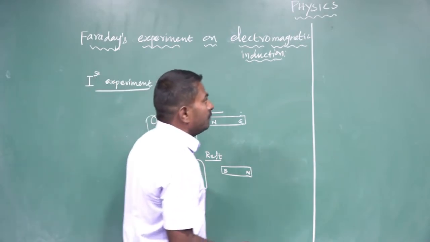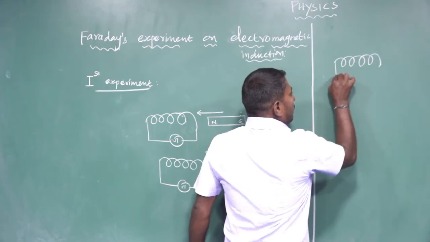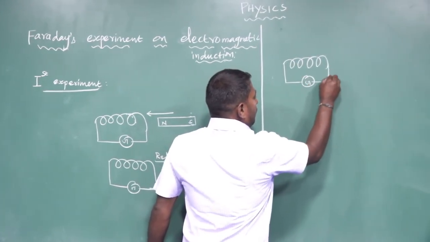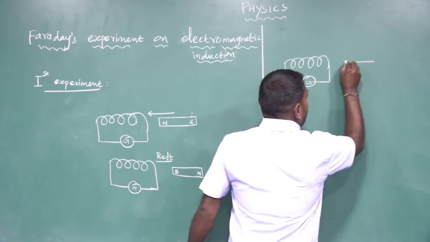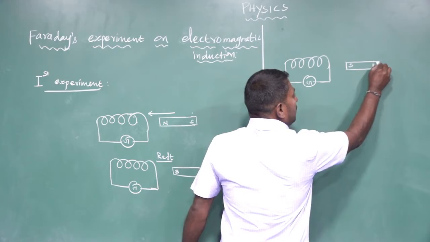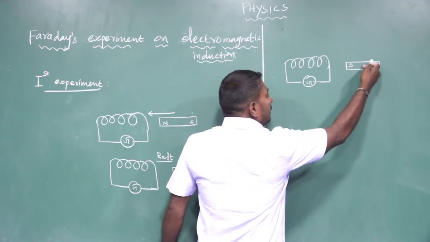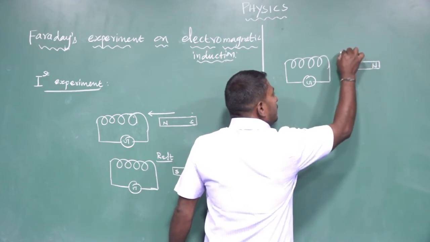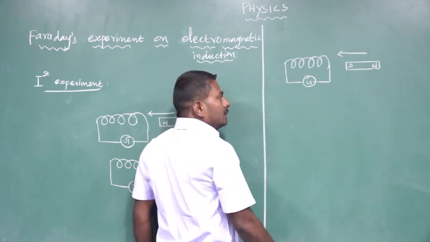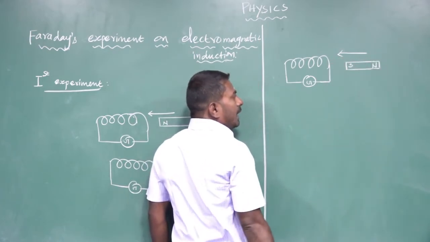Next, with the same arrangement, the south pole of the bar magnet, the north pole of the bar magnet. The south pole of the bar magnet is moving towards a stationary coil of wire. That is, the south pole of the bar magnet is moving towards a closed circuit along this direction.